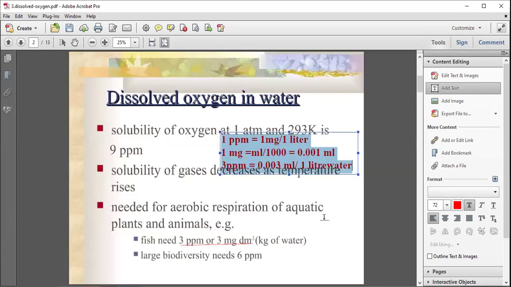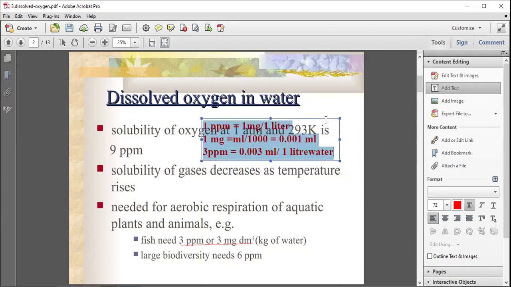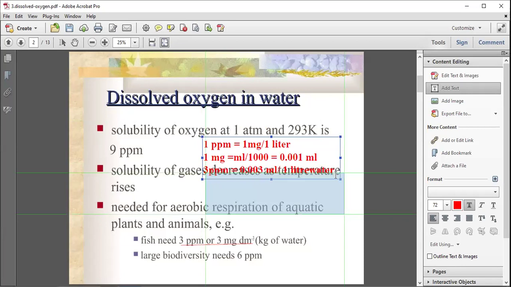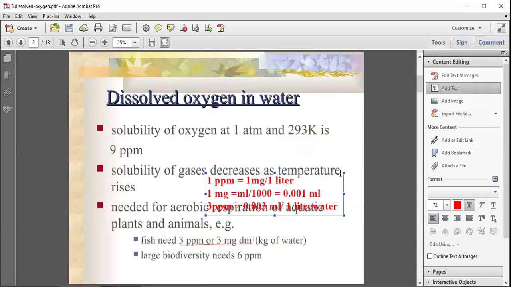I want to check whether it is visible or not, because I have to edit it in the PDF.